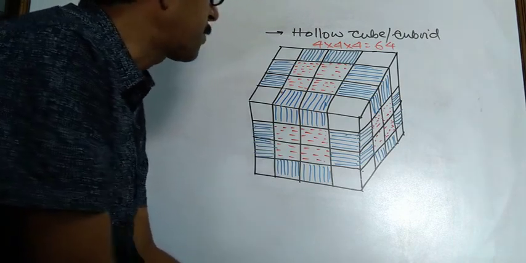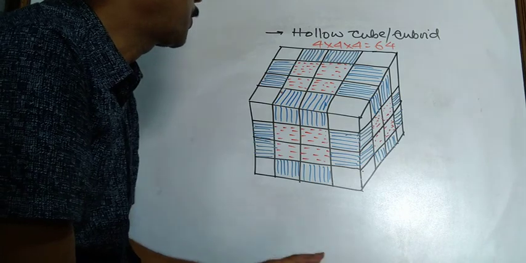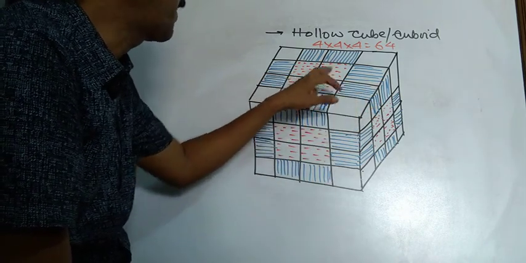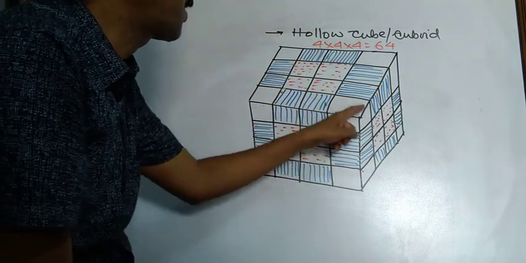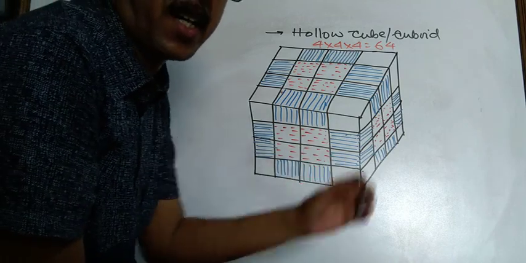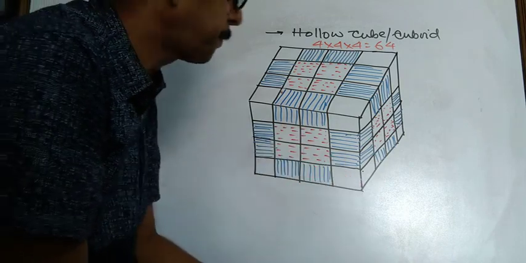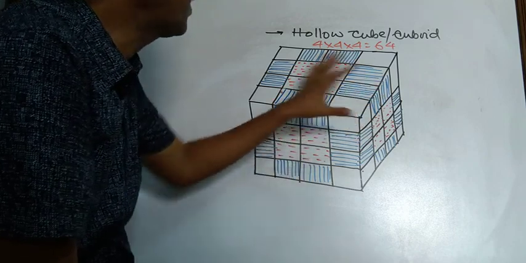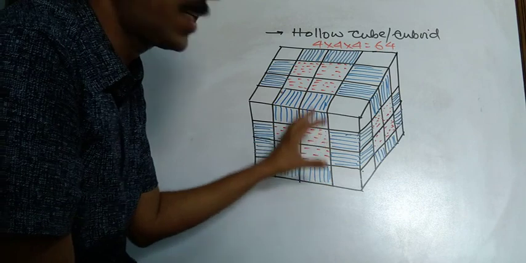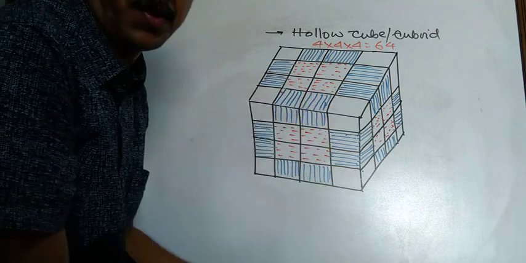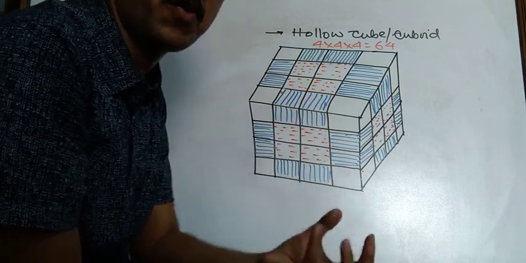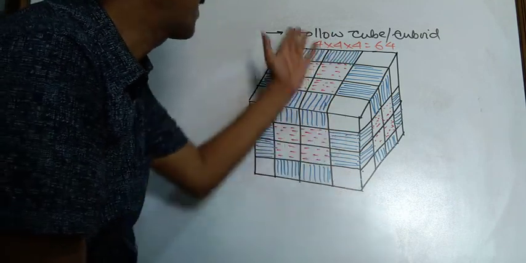You already know the location of 2 face painted cubes, 1 face painted cubes, then corners with 3 faces visible or painted, and those inside are not visible, or no face painted. Now the next thing we are going to discuss is how many small cubes will be there inside this cube. The number of cubes which are not visible is the concept of a hollow cube.